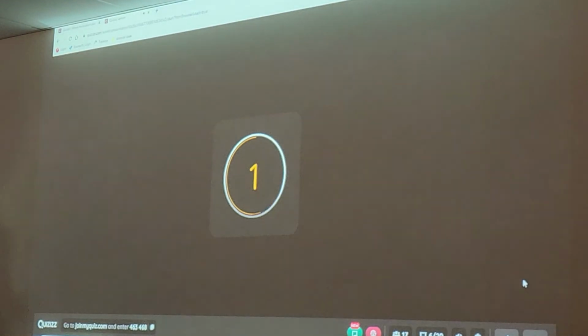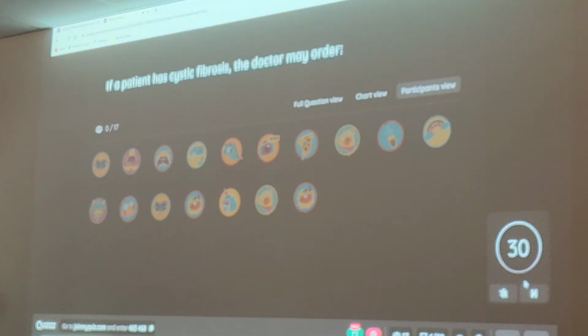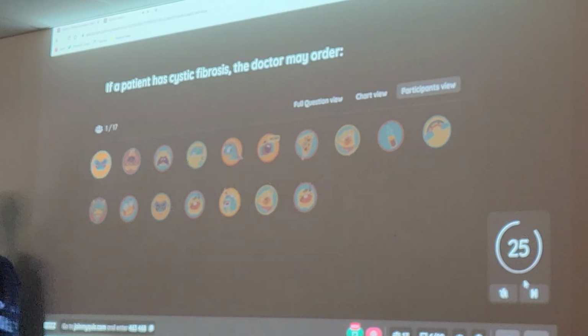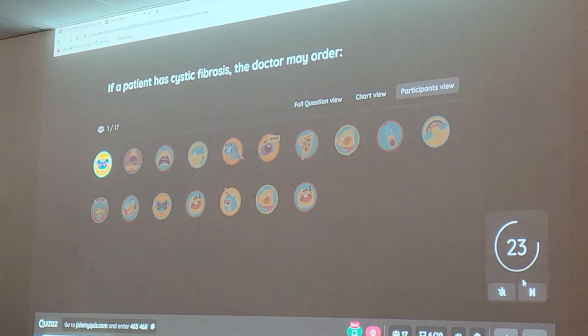Next up. If a patient has cystic fibrosis, the doctor may order what type of X-ray?